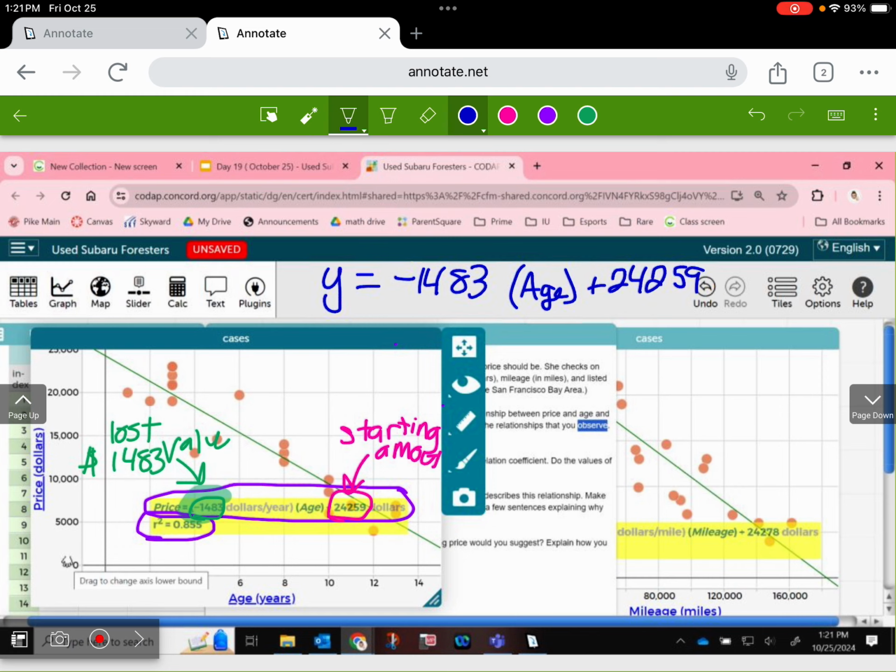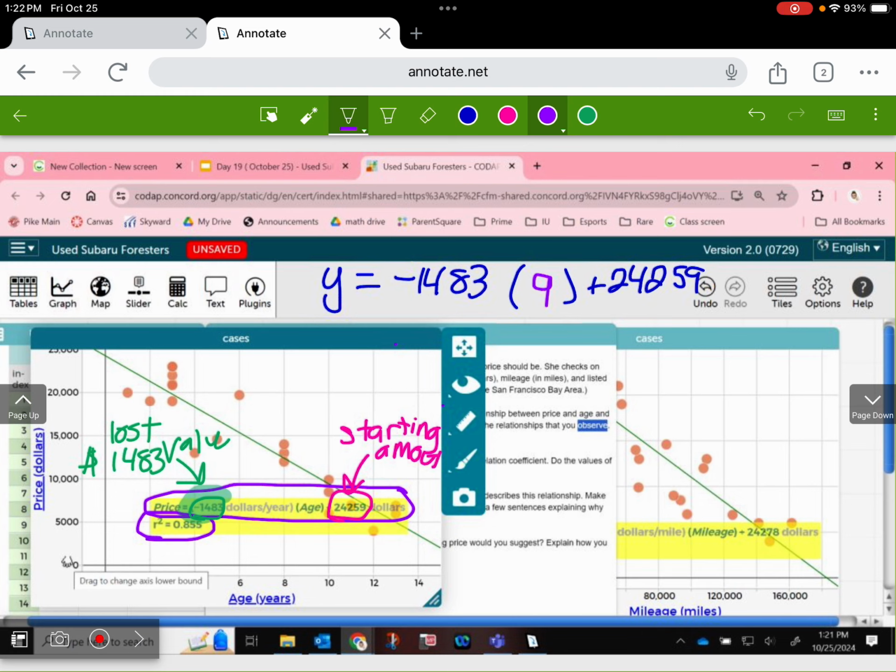So if her car is 9 years old, what do we do? For age. The word age. So we've got our $1,483 we lose each year times the age. So we're going to times it by the 9. And then we have to add however much we started with, the 24,259.